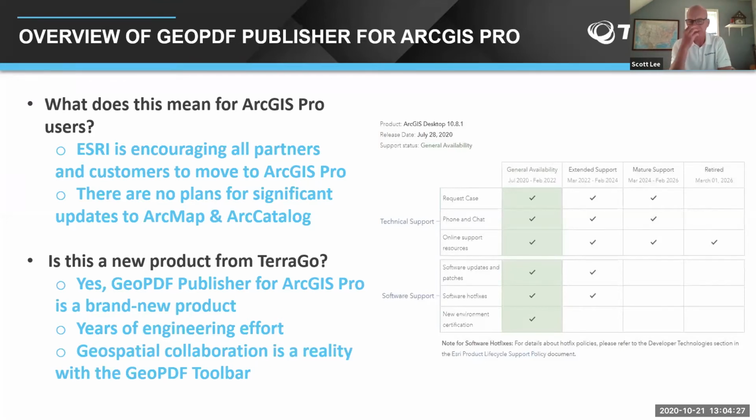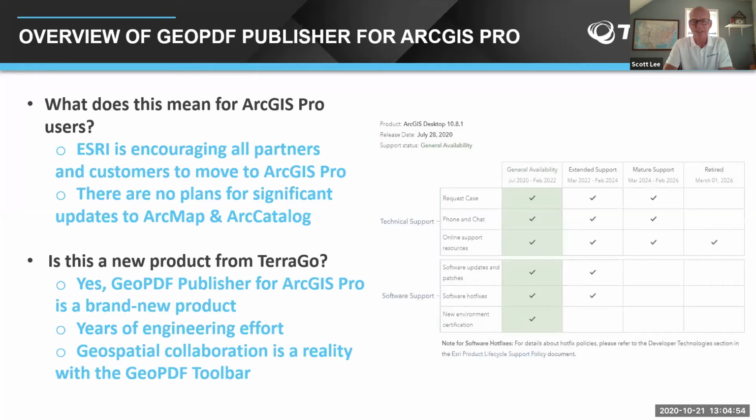TerraGo specifically is putting a tremendous investment inside of this product as it matures, and we do anticipate that the majority, if not all, of those customers will be moving to ArcGIS Pro. A question that you may have is, is this a new product? Absolutely it is. Like I said, there have been a number of man-years that have been invested in the development of the technology.